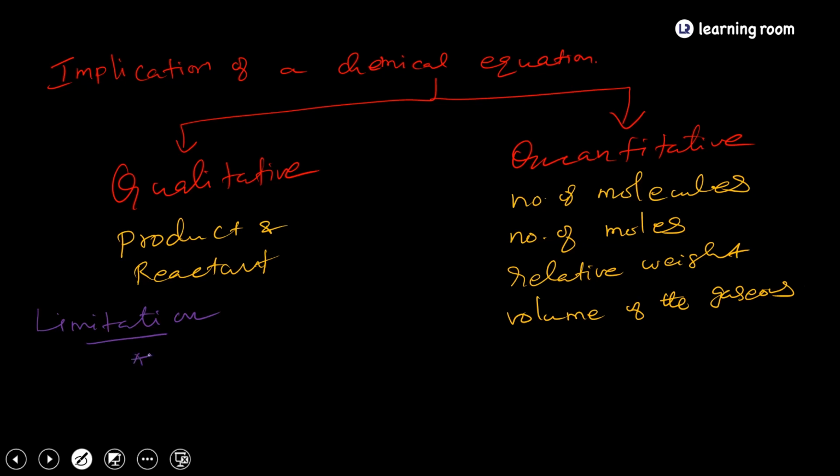A chemical equation does not indicate the chemical conditions, the conditions necessary for a chemical reaction. Condition means temperature, pressure, whether it requires a catalyst or not, whether you have to conduct the reaction in an aqueous medium or a gaseous medium.